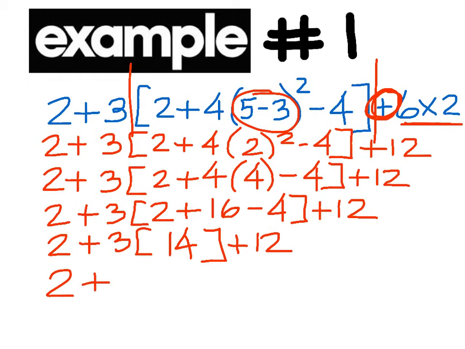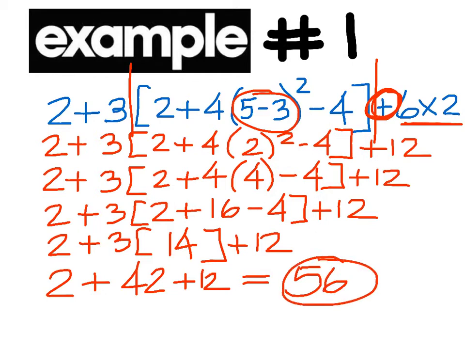Now the 3 up against the brackets means 3 times 14. That's 42. So 2 plus 42 is 44. 44 plus 12 is 56.